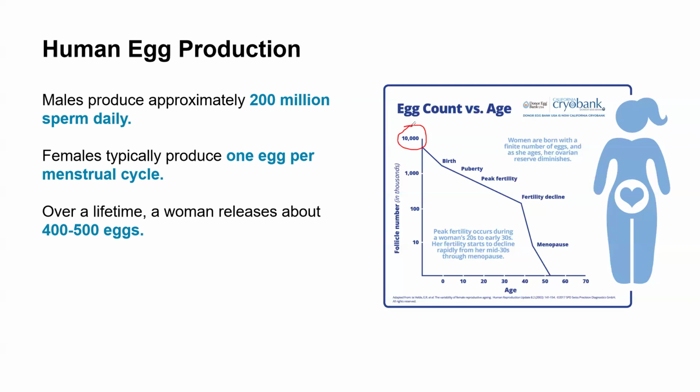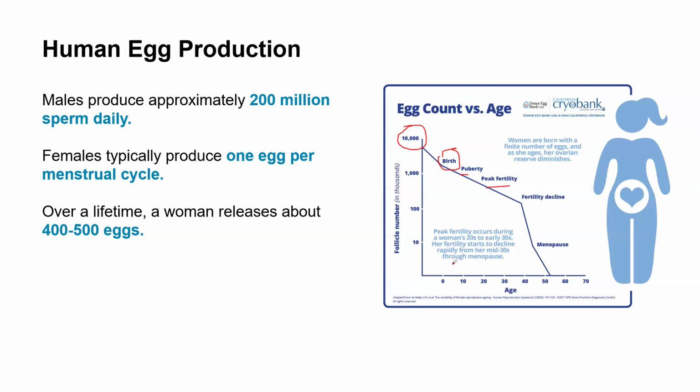The follicle number, as you can see from here, at birth, look at the number of eggs. You see, at puberty, it will keep releasing. These are the peak fertility years. Women are born with a finite number of eggs, and as she ages, her ovarian reserve diminishes.